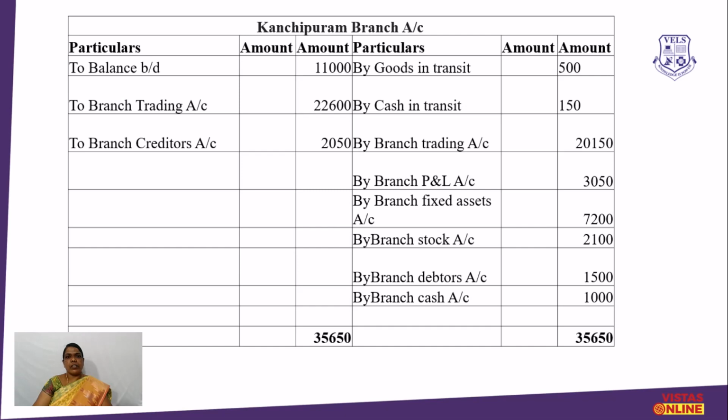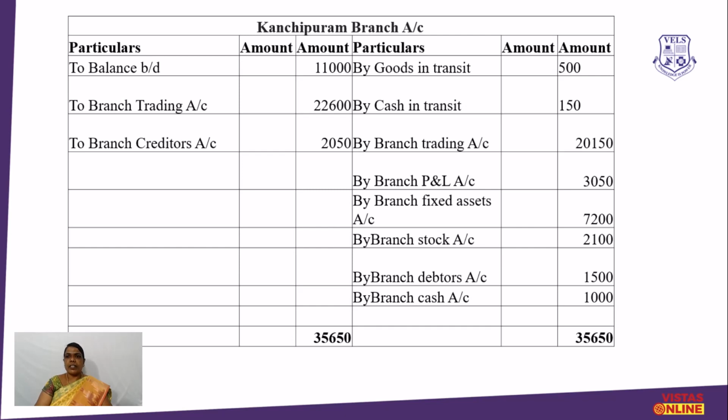Then we can see the Kanchipuram branch account. To balance b/d 11,000. Then to trading account 22,600. To branch creditors 2,050. Already we have calculated, we just pick these values and put them here.